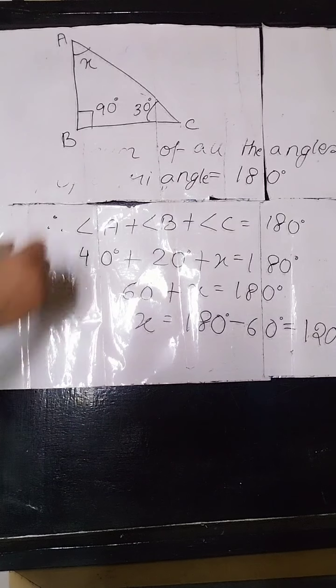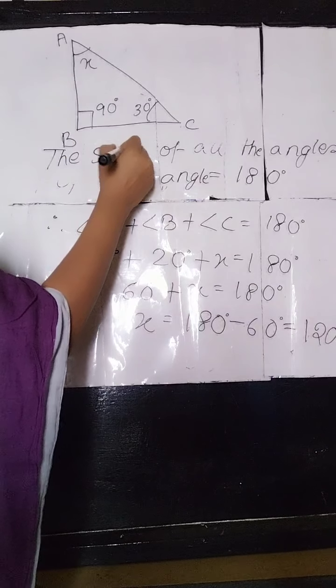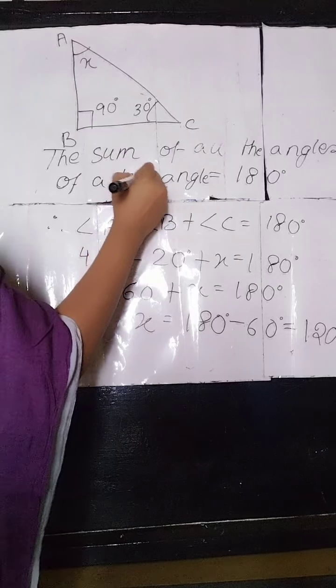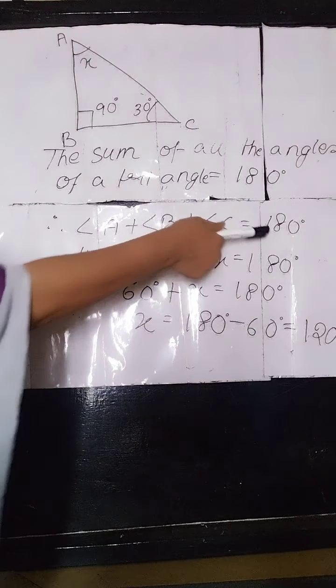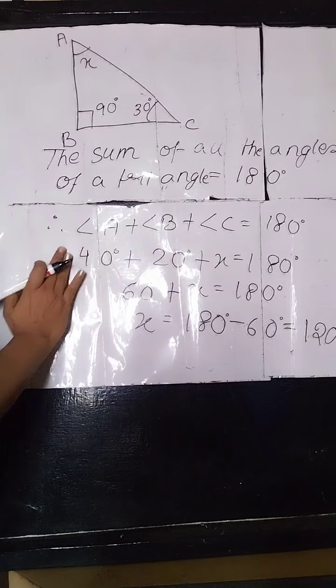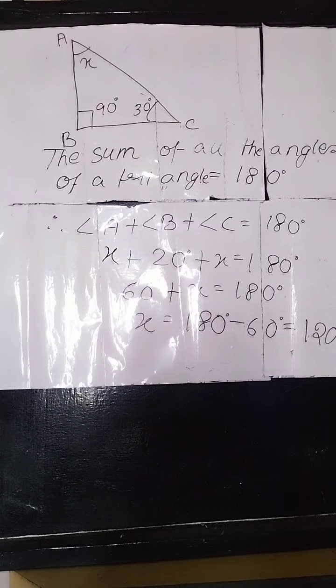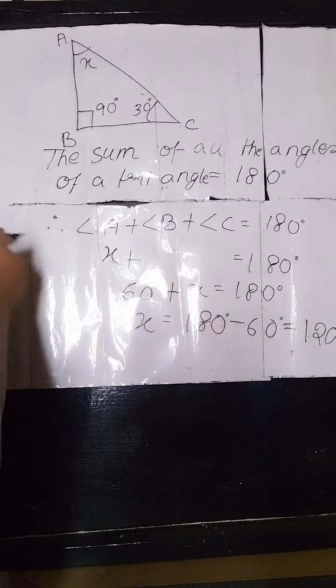How will you find out? The same way, you will write the sum of all the angles of a triangle is equal to 180 degree. Angle A plus angle B plus angle C is equal to 180 degree. Here angle A is missing, so you will write x in place of angle A. Angle B is 90 degree and angle C is 30 degree.